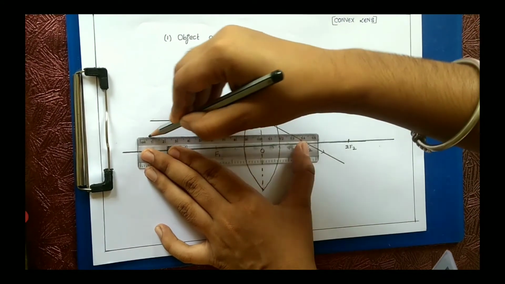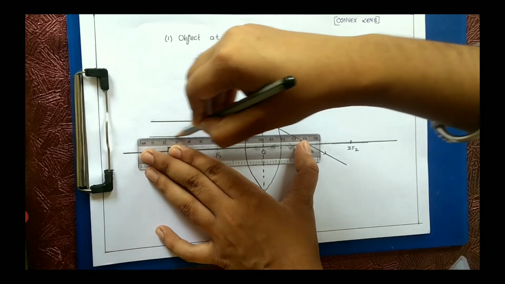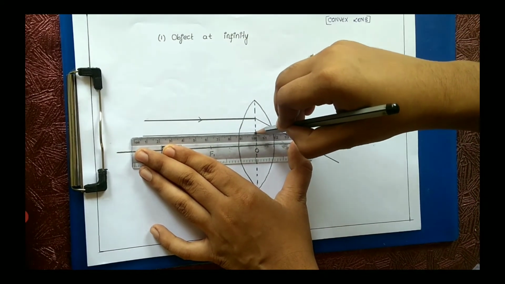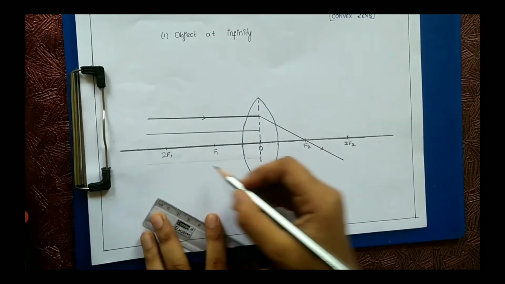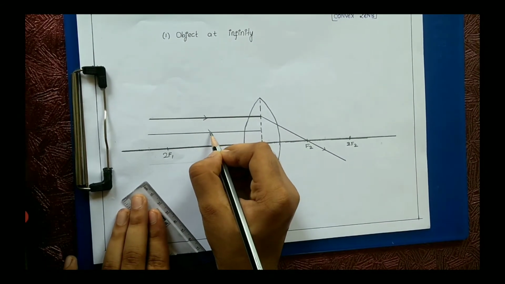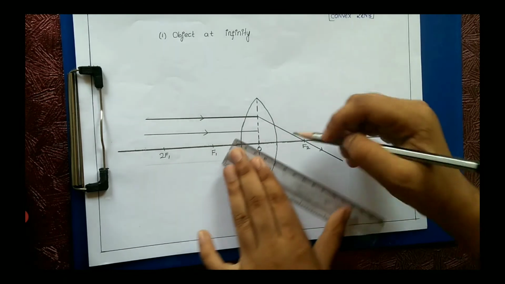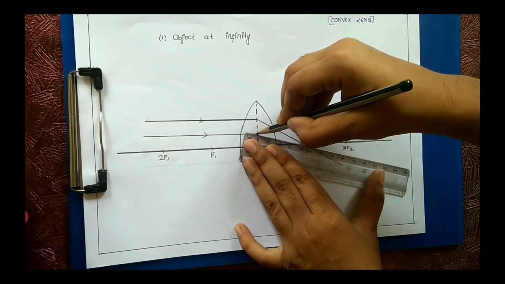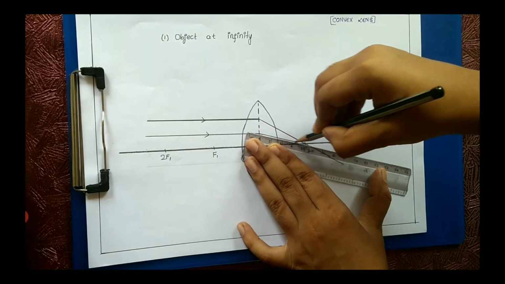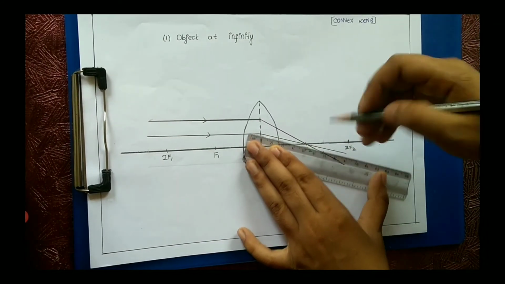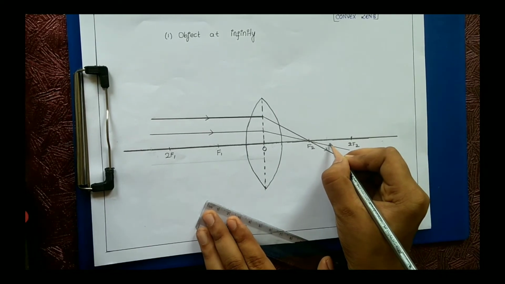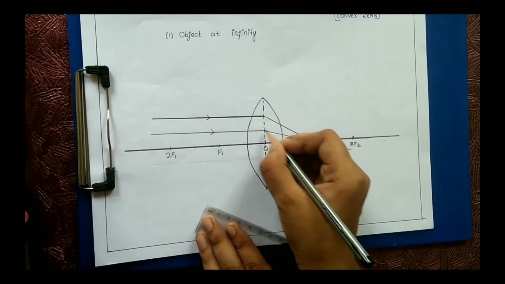Again you draw one more ray that is also parallel to the principal axis. This ray also refracts and passes through the same point f2. This is the refracted ray which passes through f2.